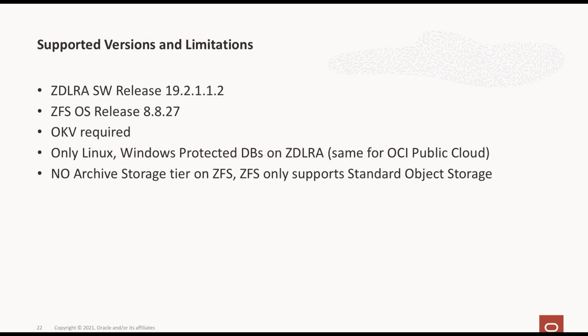Supported versions. To do this, you need to use the ZDLRA software 19.2.1.1.2, which is what we've been talking about, and ZFS OS release 8.8.27. You need Oracle Key Vault to manage the encryption keys. That's a requirement. At this time, only Linux and Windows protected databases, so little endian databases, can be copied from ZDLRA to ZFS or the OCI public cloud.